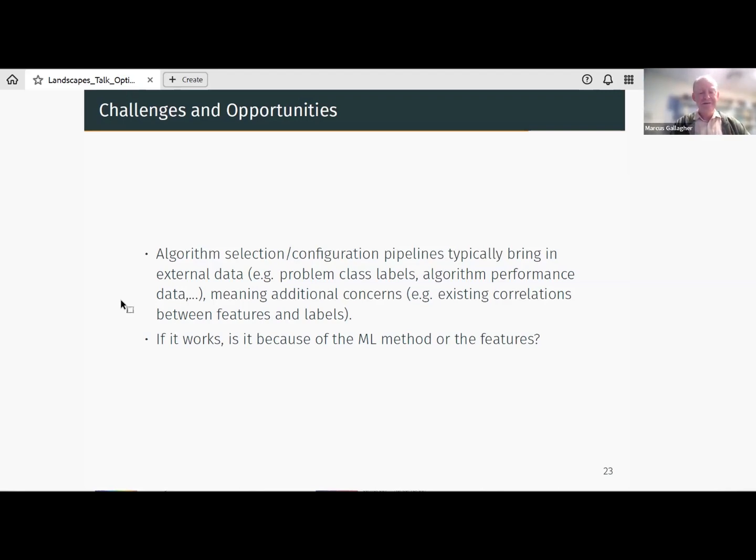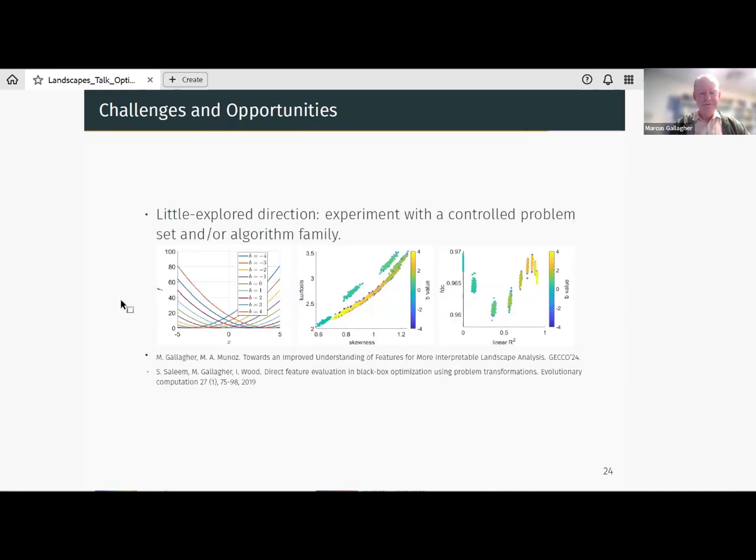And in the end, if the performance is good, you might wonder, is it because of the features, or is it just because there was a really good machine learning model that was able to come up with a great classification performance? That can be a little bit tricky to distinguish. So there are some issues here that I think are open to ideas.